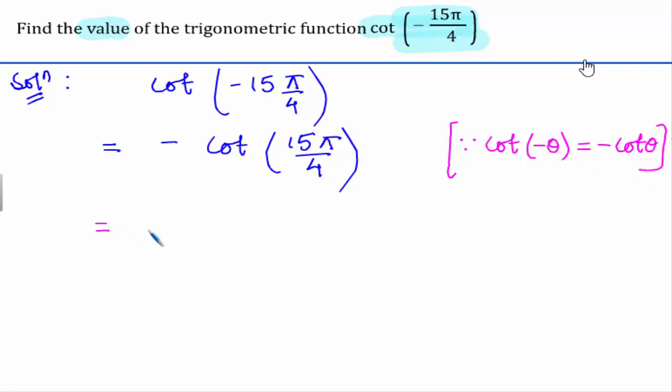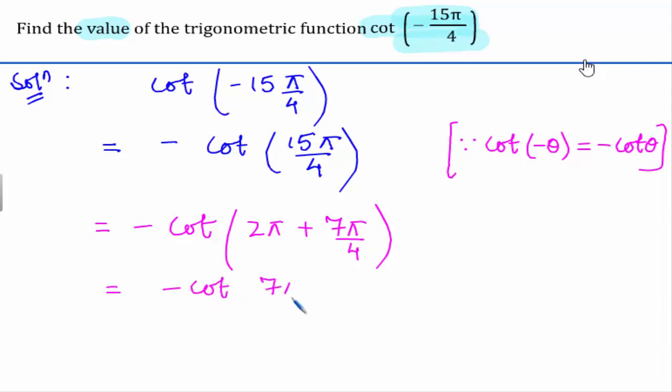Now this is equal to minus cot 15 pi by 4 can be written as 2 pi plus 7 pi by 4. Now this is equal to minus cot 7 pi by 4, as we know that cot of 2 pi plus theta is equal to cot theta.